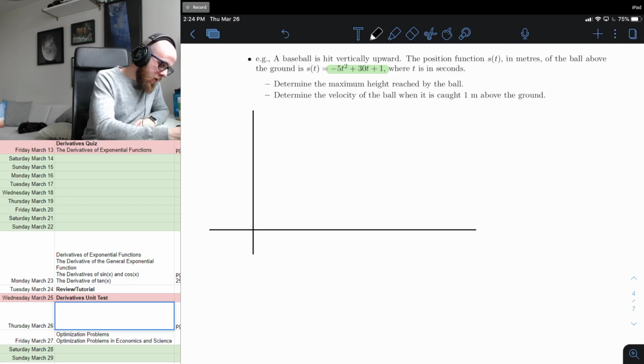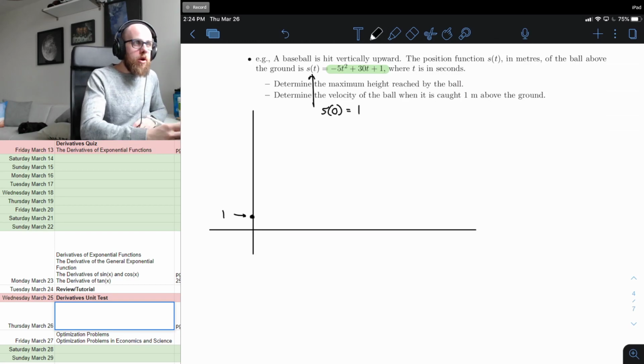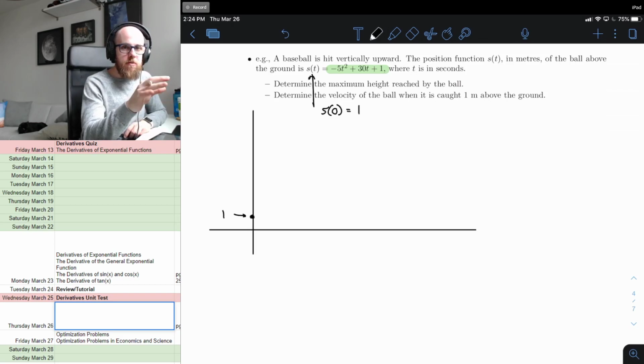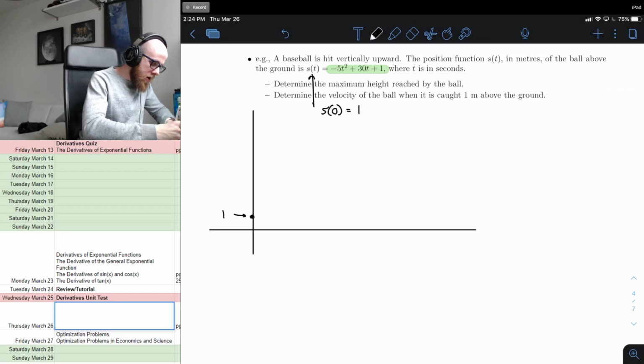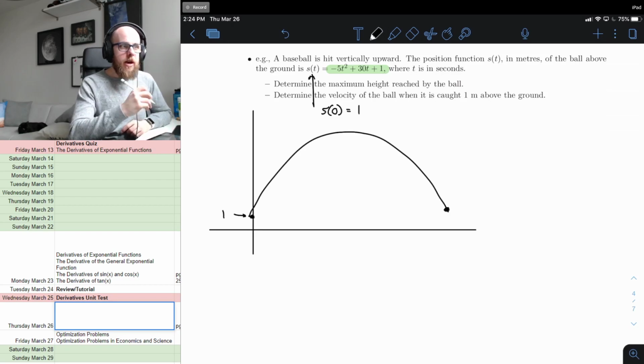Notice that if I were to plug in 0 into this, s at 0 is just going to be equal to 1, which means our ball is starting at a value of 1. Now, this is just some quadratic function, and the quadratic function opens downward. So this is some sort of downward-facing parabola, right? So it's going to go up like this and then back down. And then the ball will end up somewhere around here.